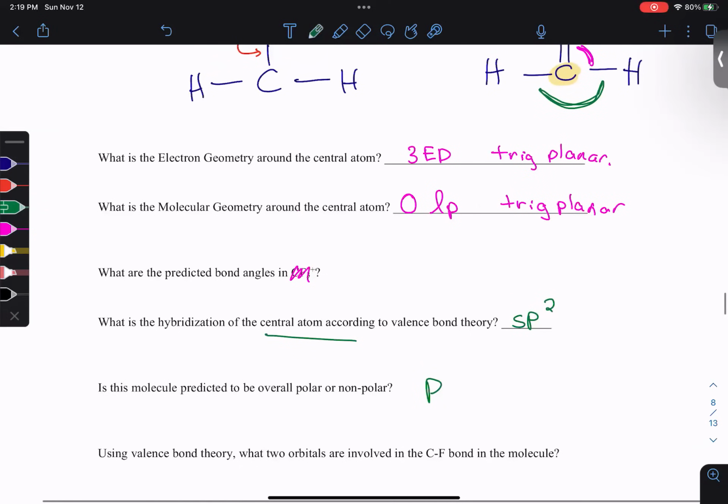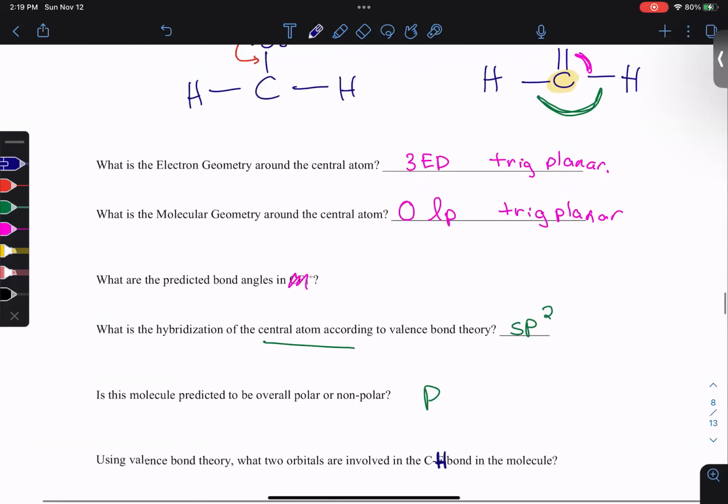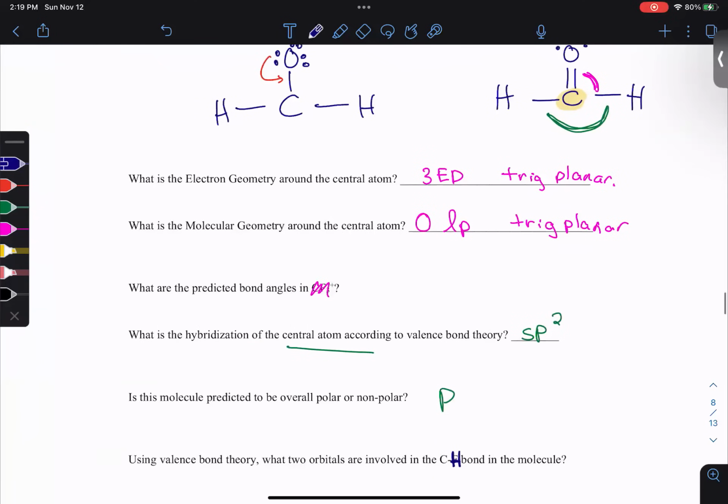So instead of the carbon fluorine, let me ask you, what 2 orbitals are involved in the carbon-hydrogen bond? The carbon-hydrogen bond, so this bond right here. Where do each of those unpaired electrons come from, what kind of orbitals? They have to overlap in space to make a chemical bond.